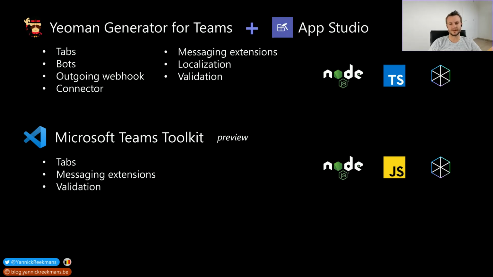You can also see that when we talked about the development platform, both of these tools are JavaScript based or TypeScript based, and they don't scaffold any code based on C#.